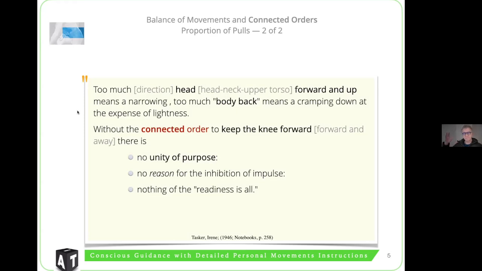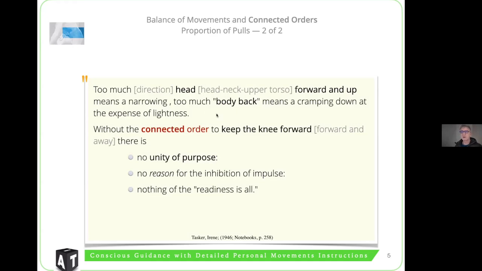Just a step back: in the first generation teacher training course, they had three fundamental or generic orders. The one was upper torso come forward, that very quickly became head forward and up.